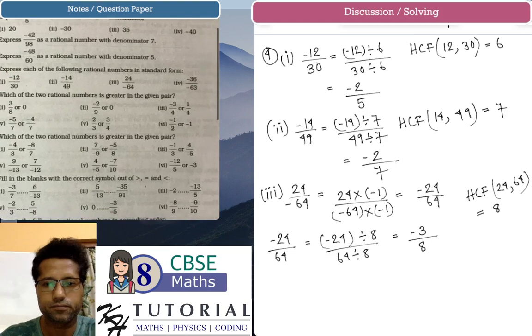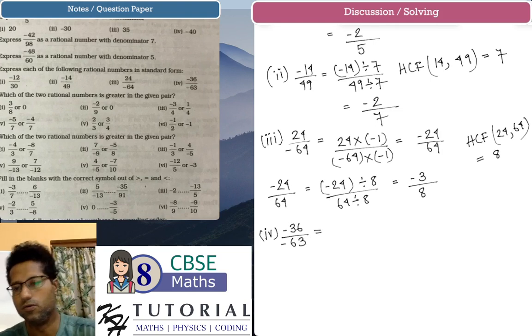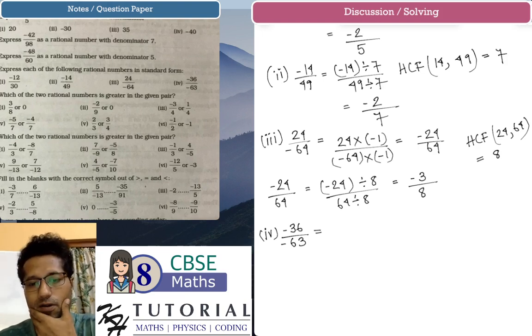Part 4 is minus 36 by minus 63. You may see that the denominator is negative, but you can also see that the numerator is also negative.